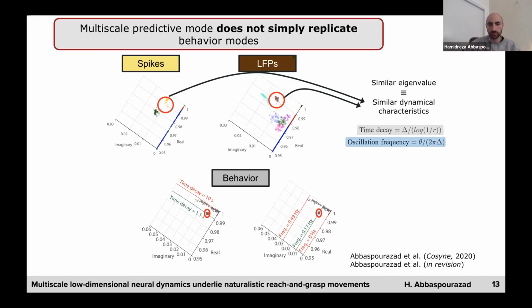We also argued that if the multi-scale predictive mode was actually multi-scale, then if we combine spiking network activity and LFP network activity and learn a unified state space model, we should identify the same mode with the same dynamical characteristics at the same location.